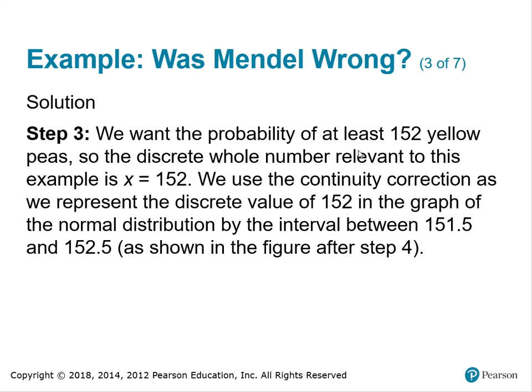So at least means that you're including that number. So if you need at least a 90 in order to get an A in the class, that means 90 will get you an A. So we need to go lower than it. So that's why we're going to go to 151.5.